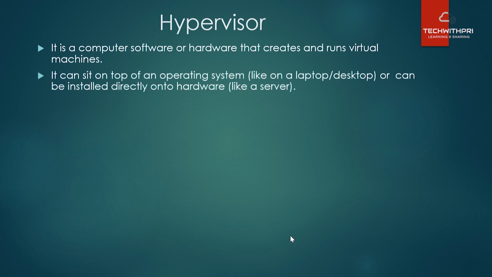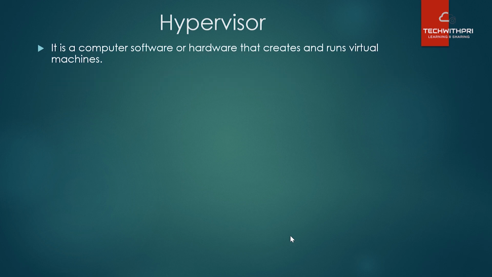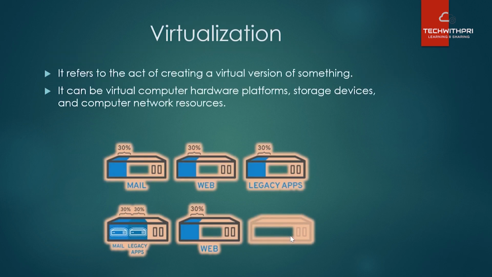It can sit on top of an operating system, or it can be installed directly onto hardware like a server. So in this example, in the mail server we have applied the hypervisor, and that hypervisor creates the virtual version of this server, and for that reason we are able to use two functionalities in a single server.